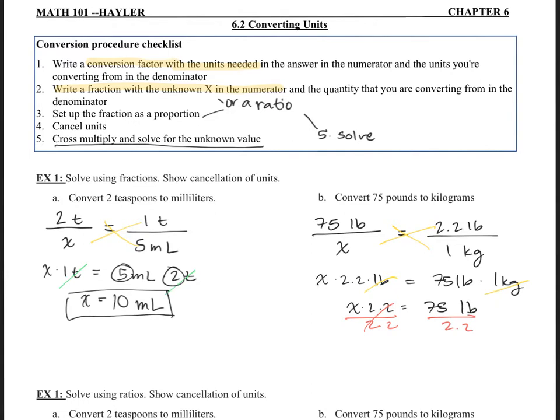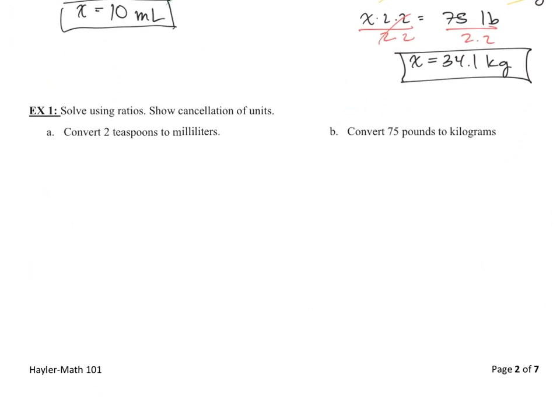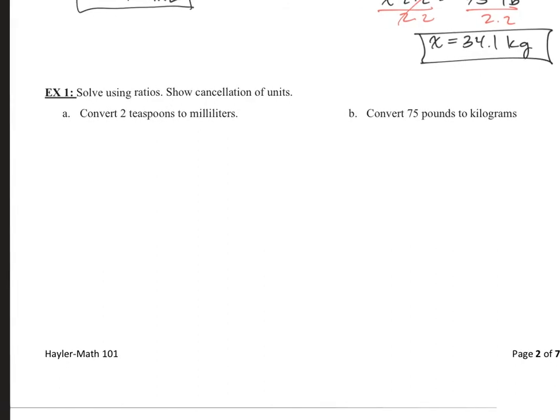And then dividing out by 2.2, we end up with x equals 34.1 kilograms. Okay, once again, converting from pounds to kilograms is something that happens often from what I've been told by the VET program.